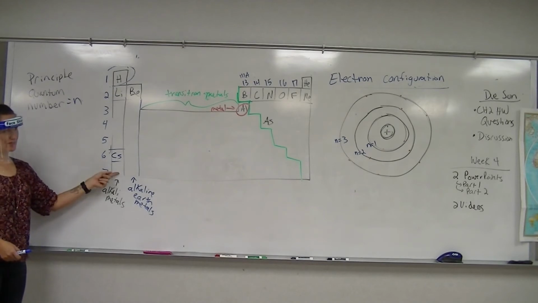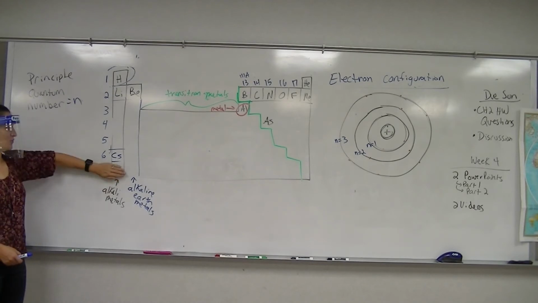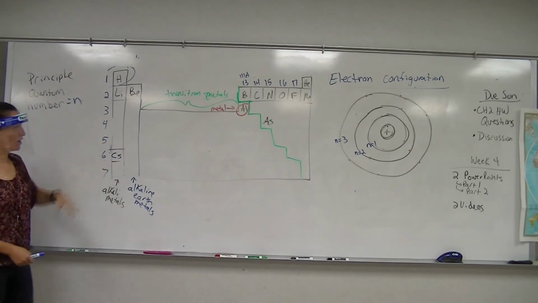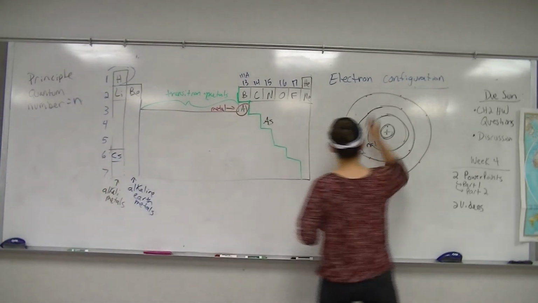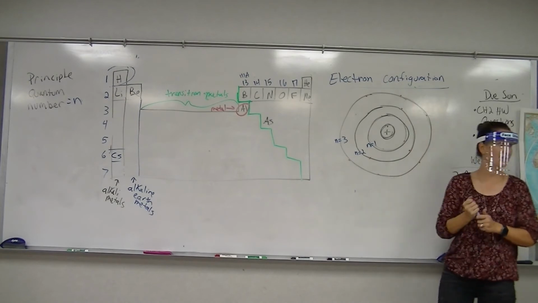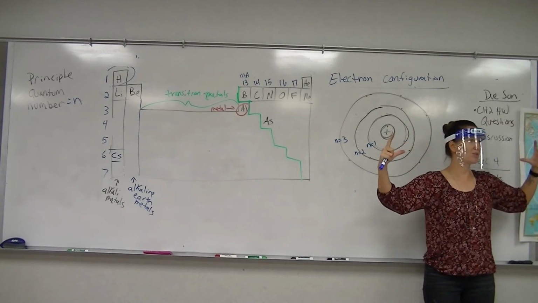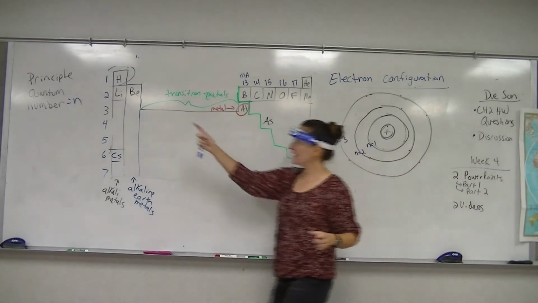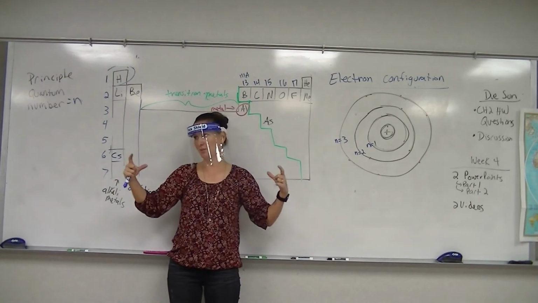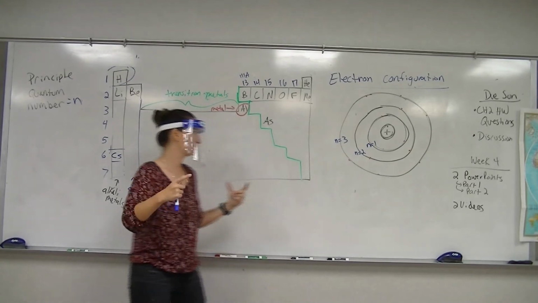The reason I'm not saying francium is the largest is francium's radioactive, so I'm ignoring him, okay? Other set of issues. Cesium is the largest because it has 6 rings. I'd have to add 3 more rings. The more rings you add, the larger the atom's going to be. So we're going to see that atomic size increases as you go down because of the principal quantum number, because of how many rings that atom has. Okay?